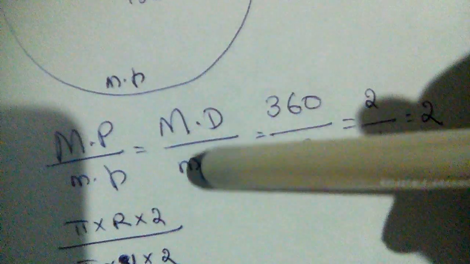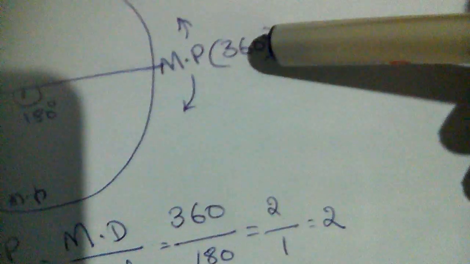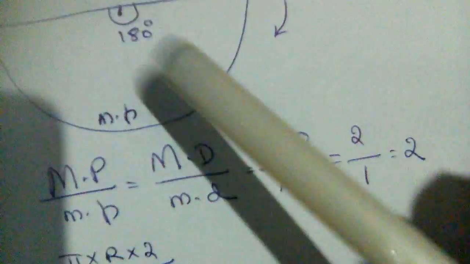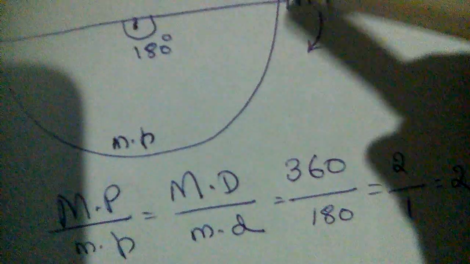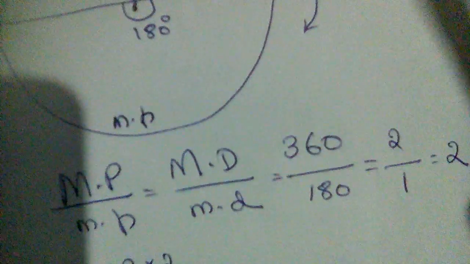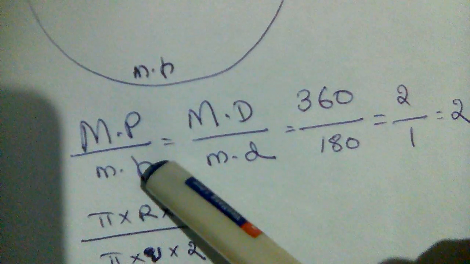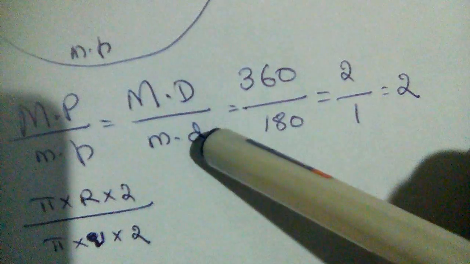Using this major degree and minor degree, we shall easily find out the major perimeter and minor perimeter. We studied one formula earlier. Major perimeter divided by minor perimeter is equal to major degree divided by minor degree.